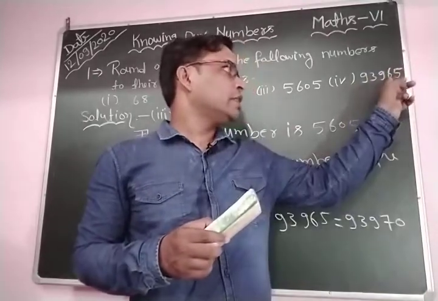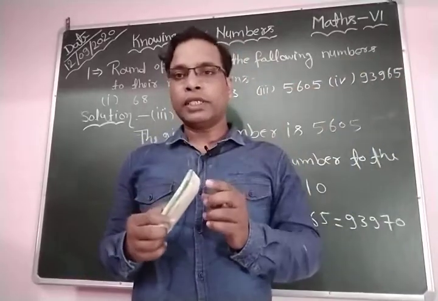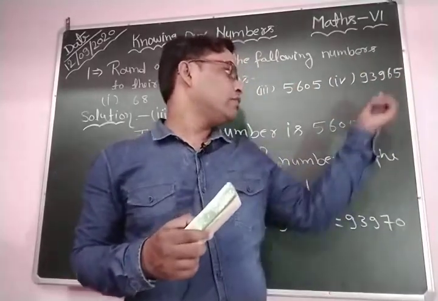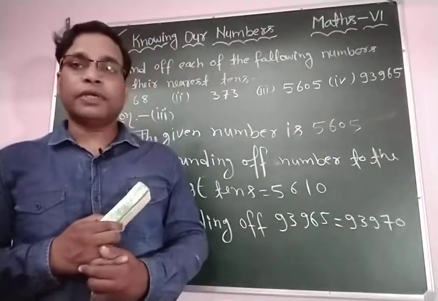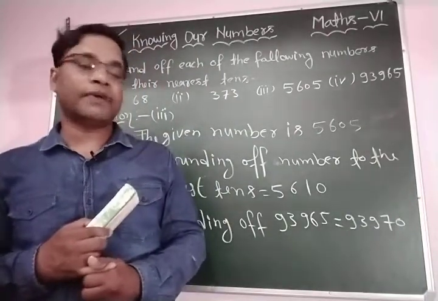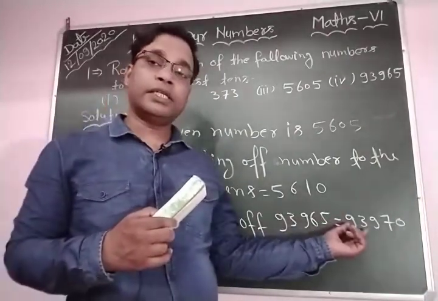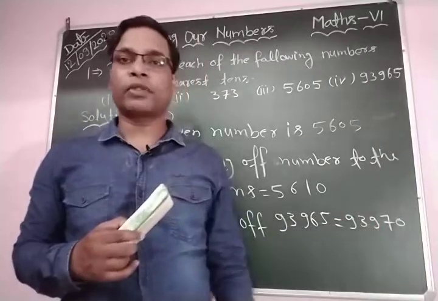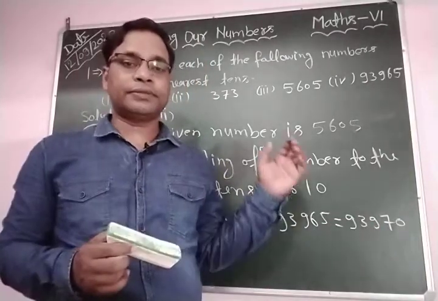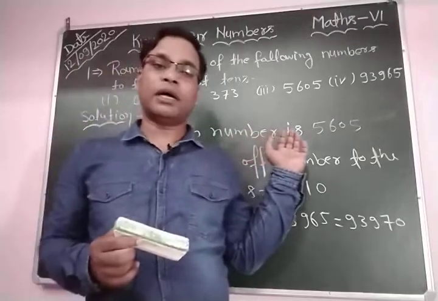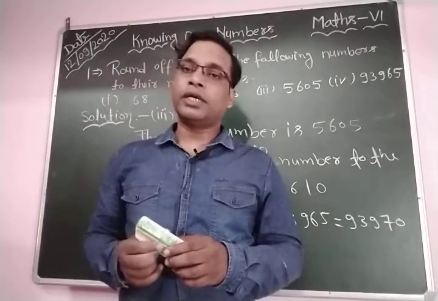The tens digit is 6, so 6 plus 1 is equal to 7. So in this way the rounding of 93,965 is equal to 93,970. Okay, so this is the rounding of a number to the tens place.